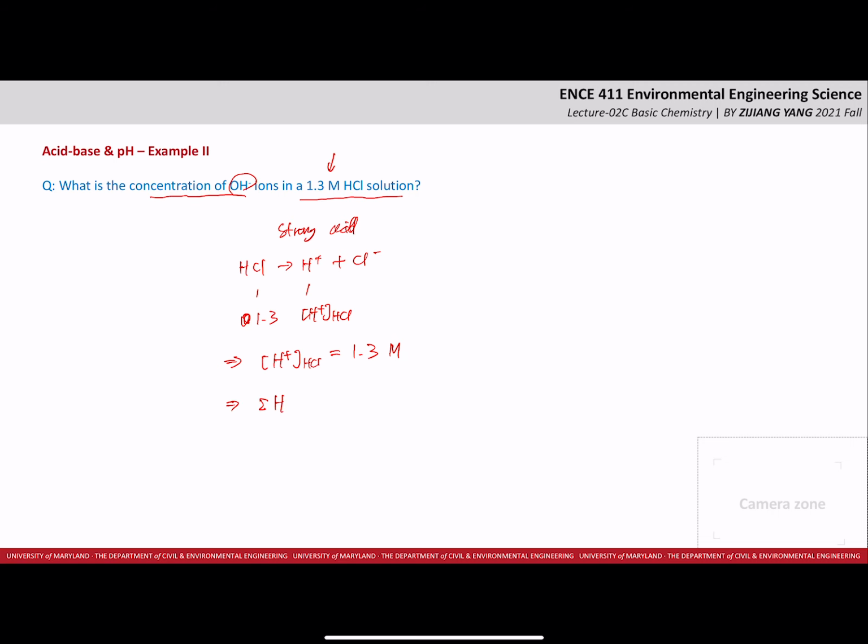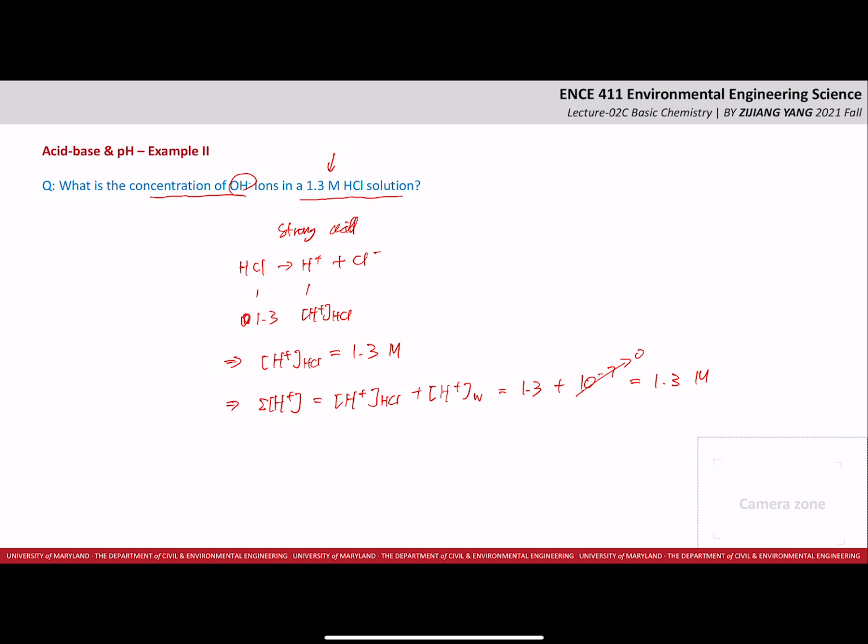And then the total concentration of H plus equals the contribution from HCl plus the contribution from water, which is 1.3 plus 10 to minus 7, which equals 1.3, because this is too small.